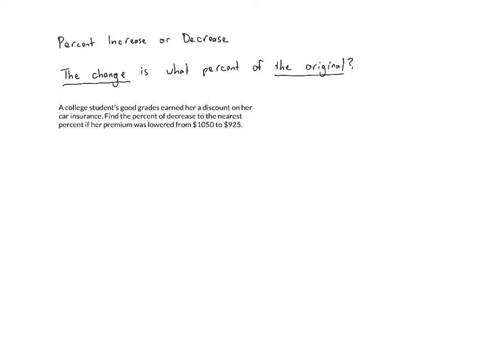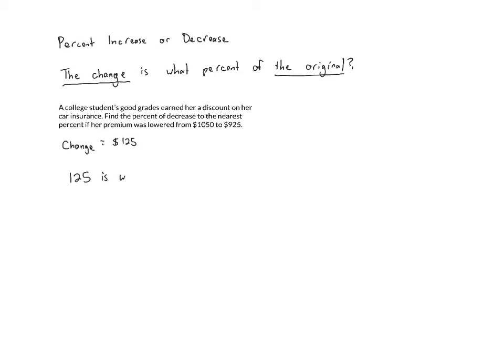So we have to take 1,050 minus 925. And if we do that, we can see that the change is $125. So when we set up the percent equation, the change is $125.